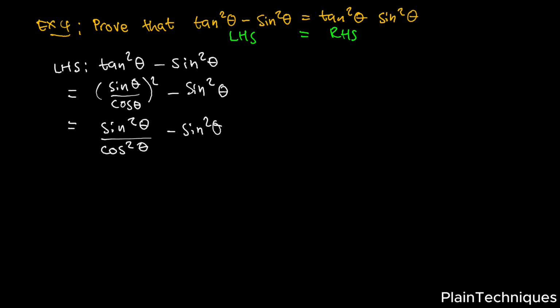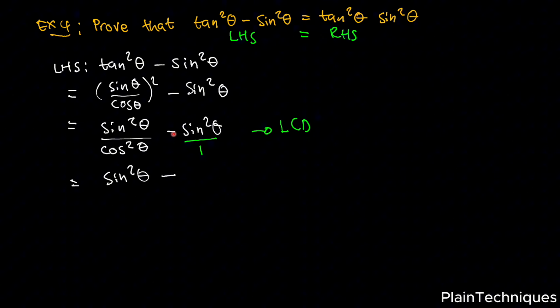You get that? Now, what do we need from here? What we need is the LCD, lowest common denominator. All right, what do I have here? I have 1, right? So this is how you go about it. You will multiply this sine squared theta with that denominator right there. Okay, and then what you'll have is sine squared theta, because it's multiplied by 1, then minus this.